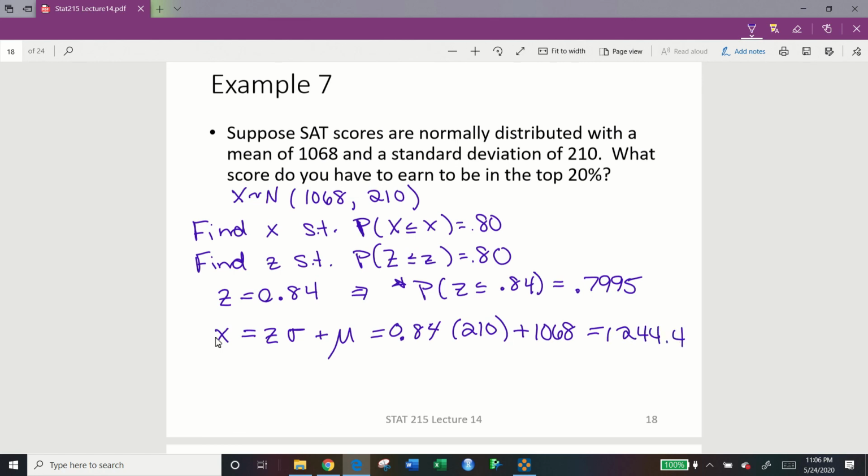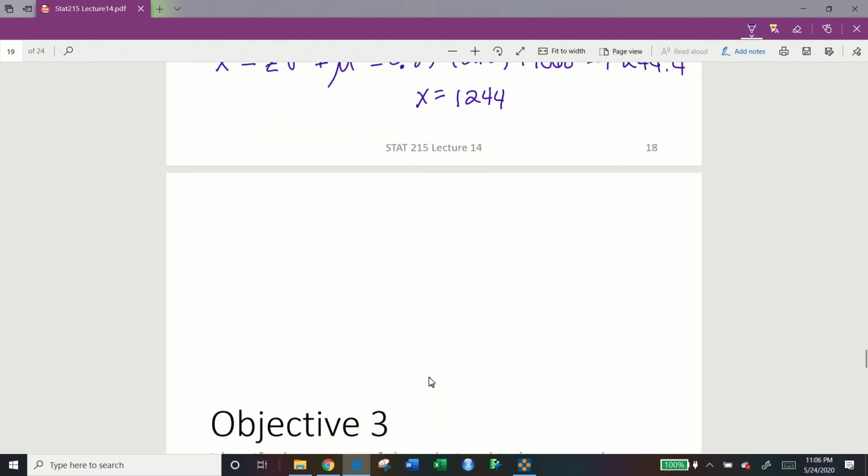Realistically, SAT scores are not a fraction of a point, so we'll just say that you need to score a 1244 in order to be in the top 20%. Very nice. Okay, so that seems to be pretty good.